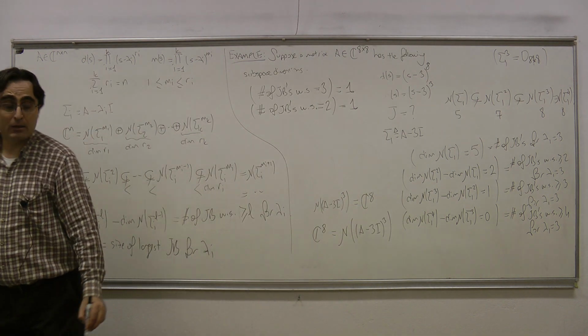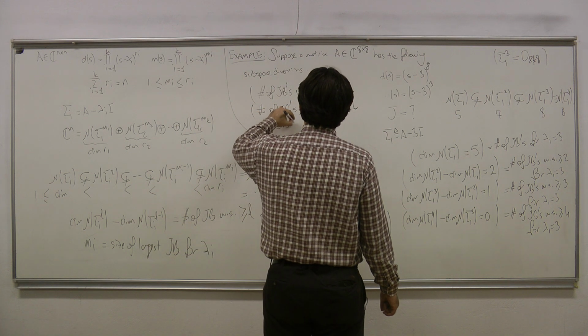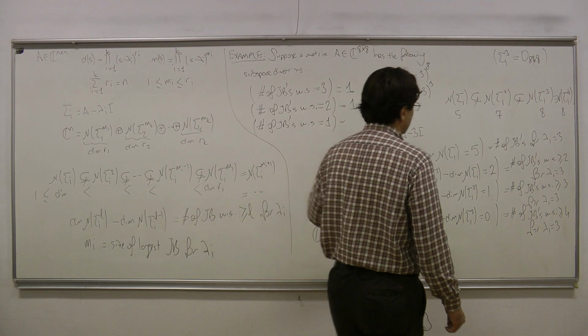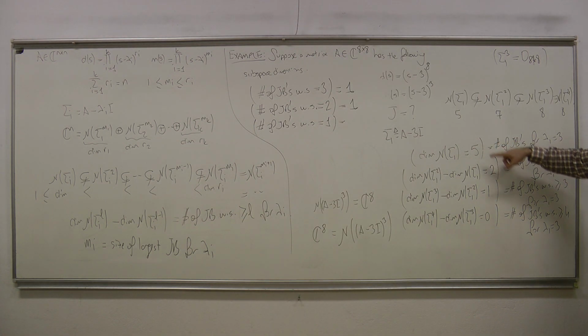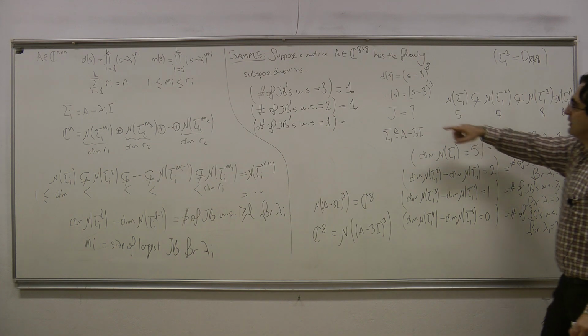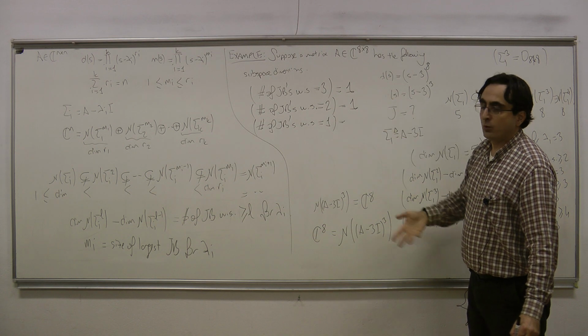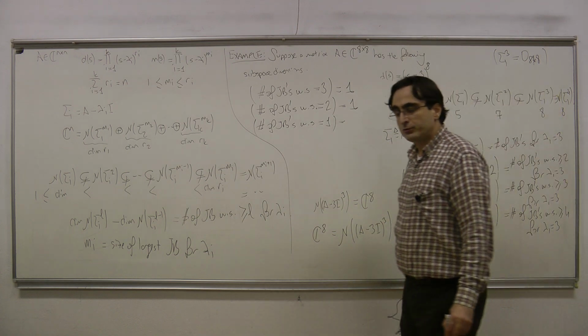And what about the number of Jordan blocks with size equal to 1? 1 by 1 Jordan blocks. And that is going to be just this difference. So the total number of Jordan blocks is 5. And one of them has size 3, one of them has size 2, and there are no Jordan blocks with size larger than or equal to 4.